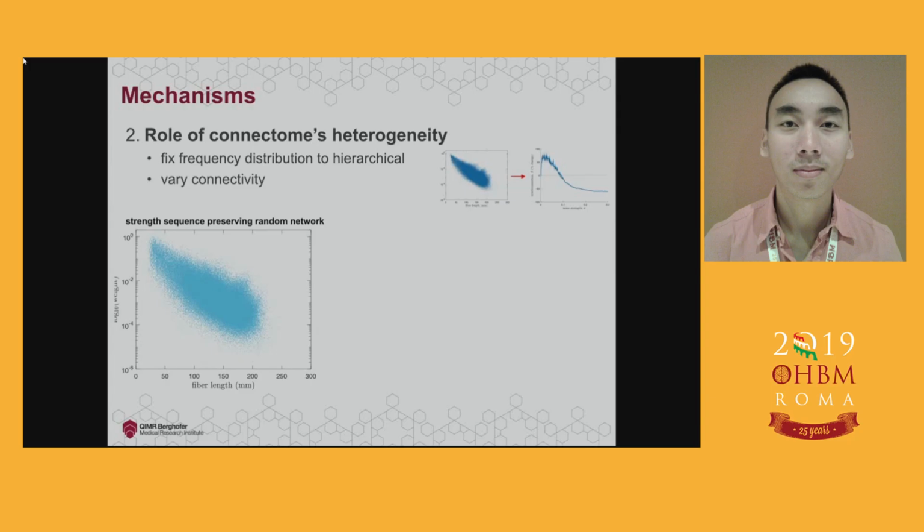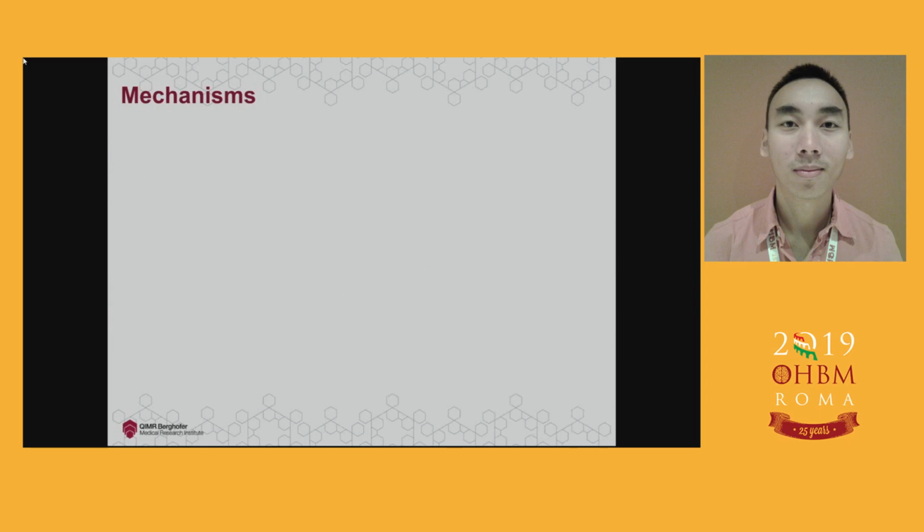However, if we maintain the sequence of the strength, wherein we maintain the locations of the hubs and the peripheries, we see the effect, but again, not significantly.